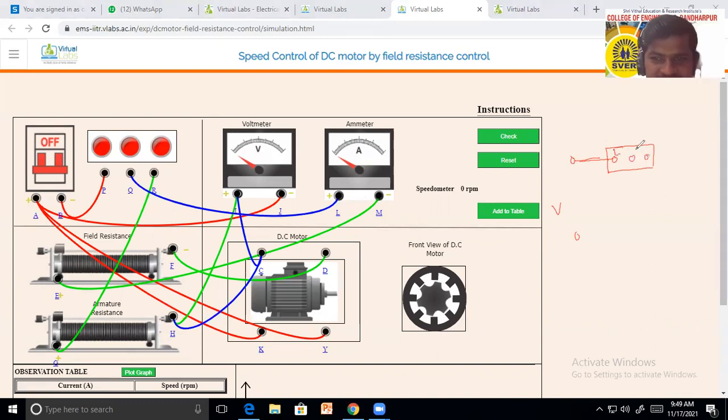One is L, another one is F, another one is A. L, F, A. Okay, see now here the negative terminal can be connected to L. Here PQR is the notation given. So this one is the negative terminal, this one is the positive terminal according to this diagram.